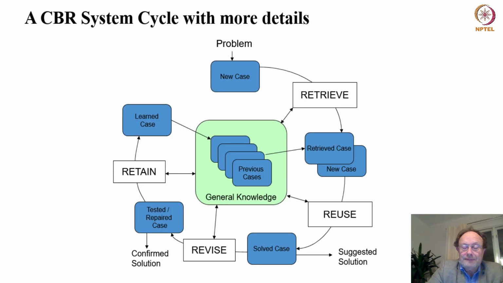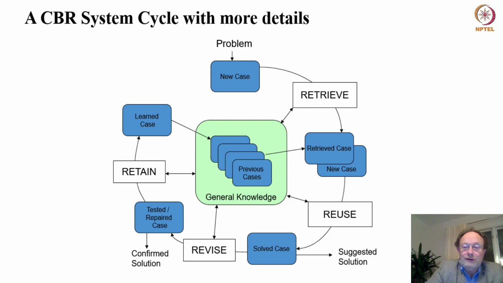Actually, this cycle can also be depicted in a little more detail. We can see here we have a problem, a new case, and we make a retrieval where we search among all the old cases. We select a few that have some close similarity.